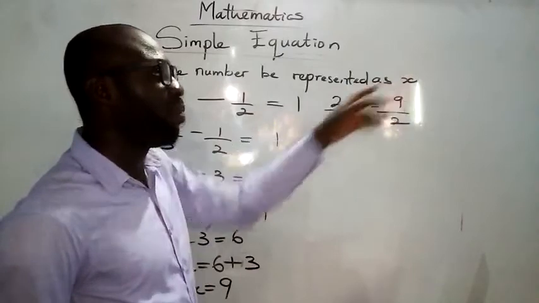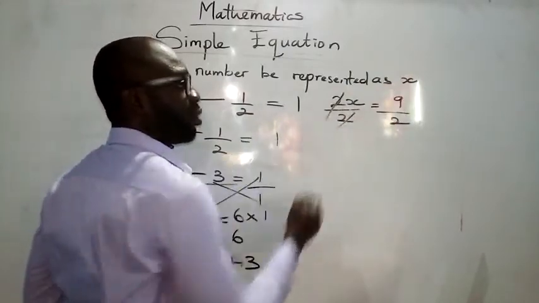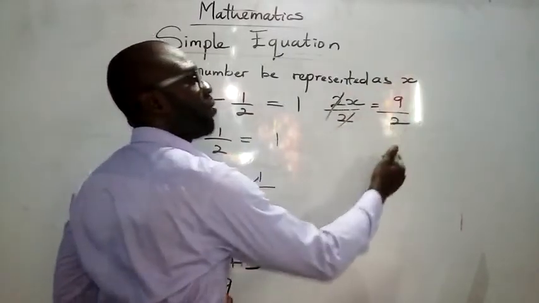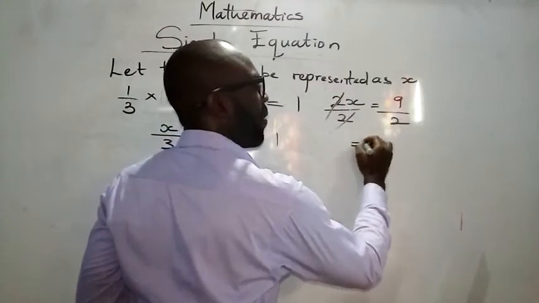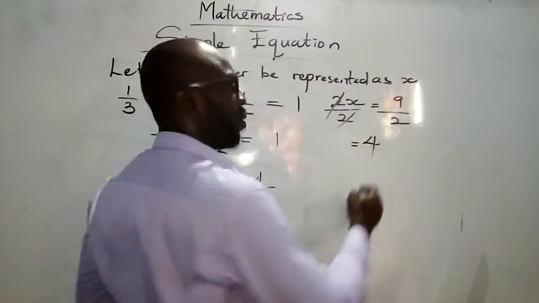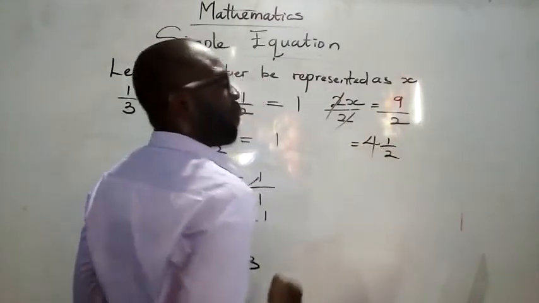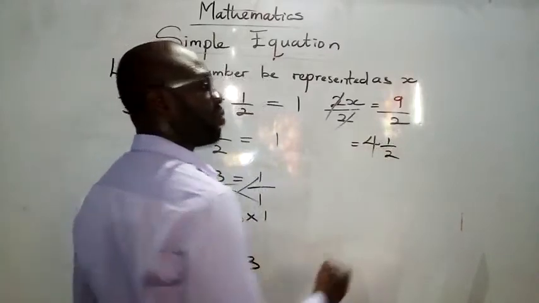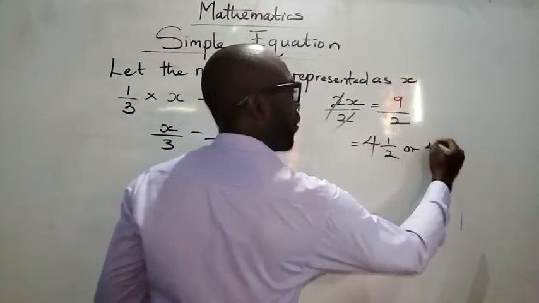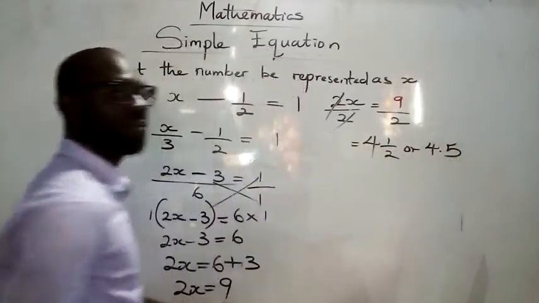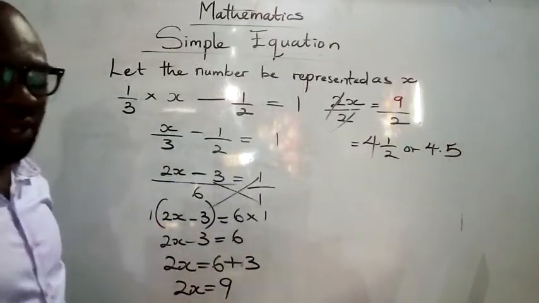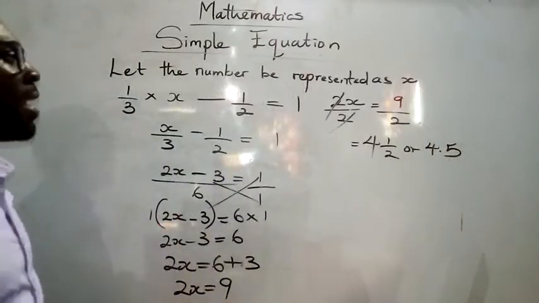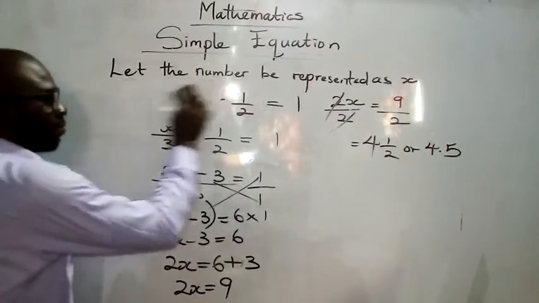So 2 cancels 2. Now 2 into 9, we have 4, remainder 1. So our answer is 4 whole number 1/2, or 4.5.